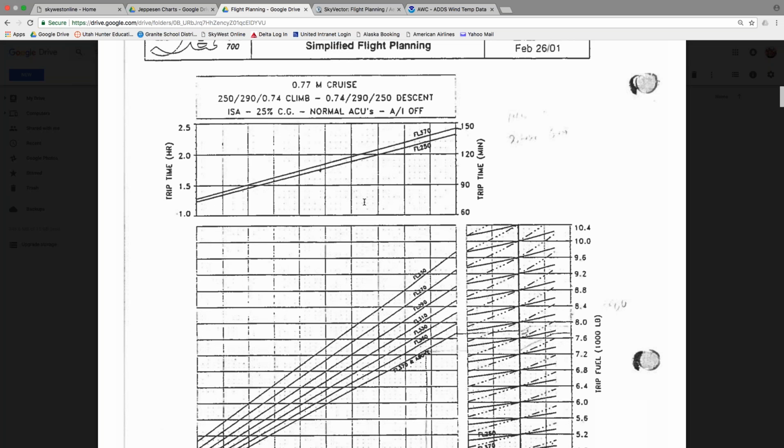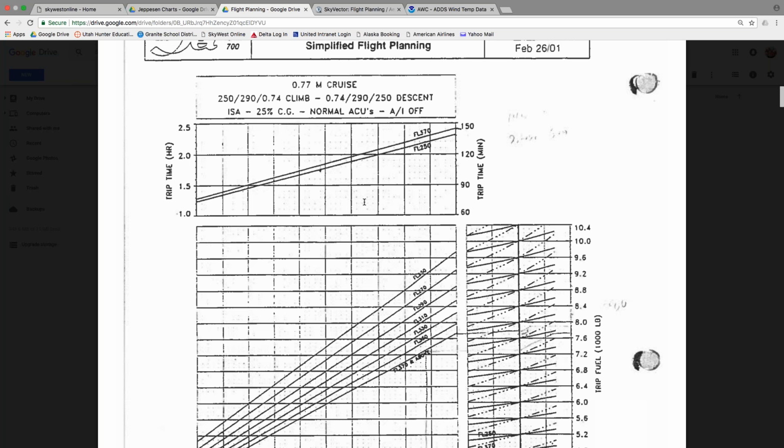Okay, now up above that box is another box. And what does that box say? 0.77. It's our trip time. Hours on the left, minutes on the right. So this is in hours. Minutes.